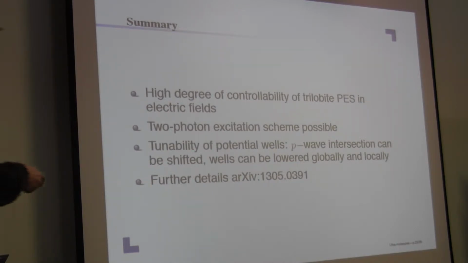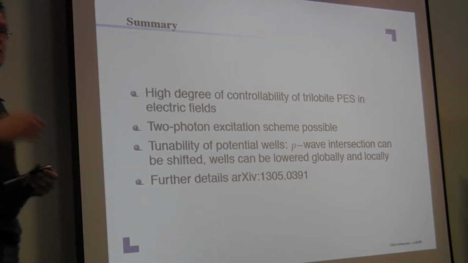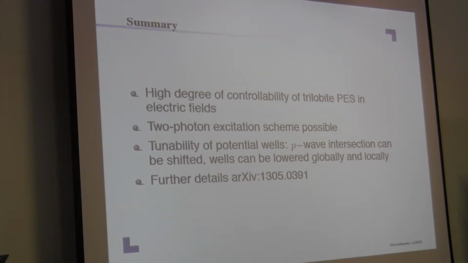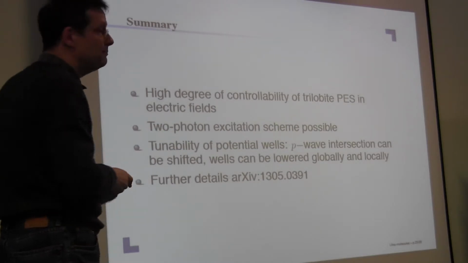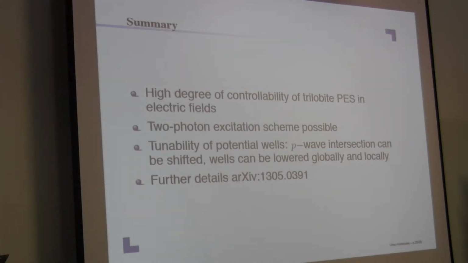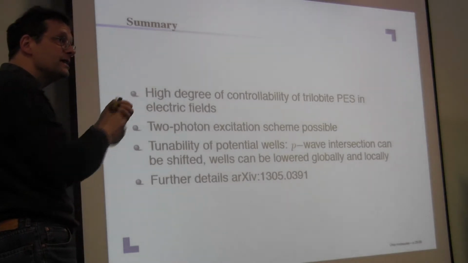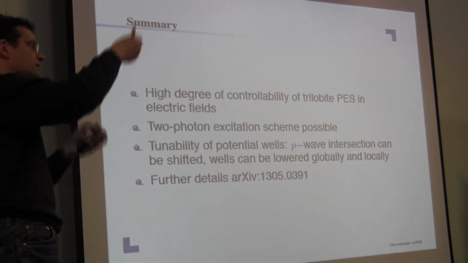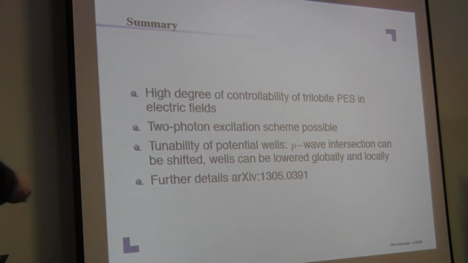That's fine. So, first of all, we have a very nice controllability with the electric field on the trilobite states. We can nicely tune the potential energy surfaces. And then there's also this hope that you might prepare these states now with a two-photon excitation scheme, which has only 2 angular momentum units available, because if you go to strong electric fields, then you can go directly to the situation where the 38S state is admixed to your system.